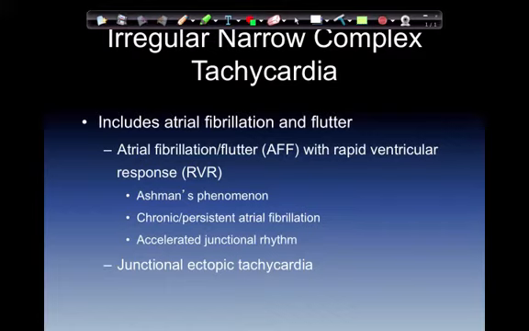Chronic persistent AFib: multiple impulses complete multiple circles within the atria, and these impulses bombard the AV node. And accelerated junctional rhythms: junctional tissue initiates an impulse rate that is greater than 40 to 60 beats per minute. Junctional ectopic tachycardia can result from this as well, if it's over 100 beats per minute.